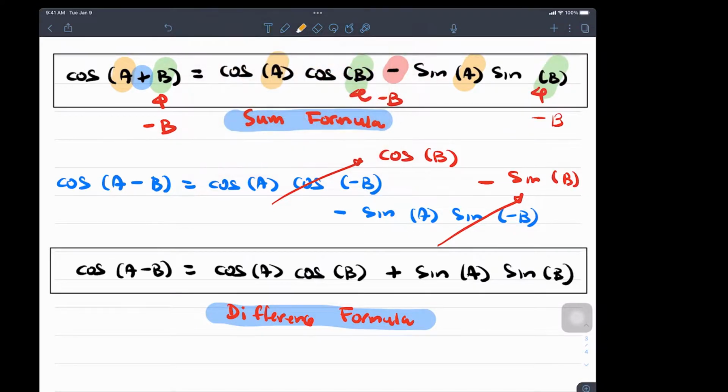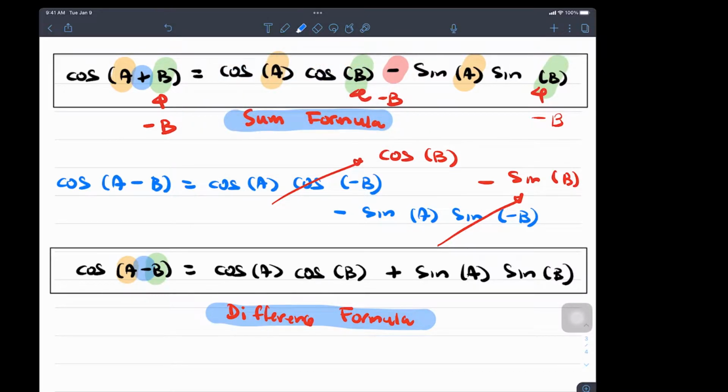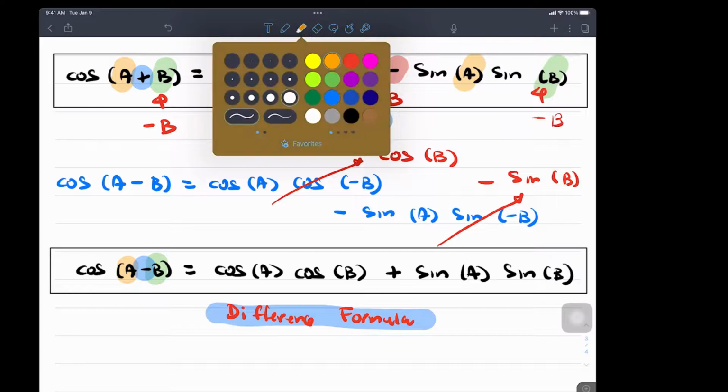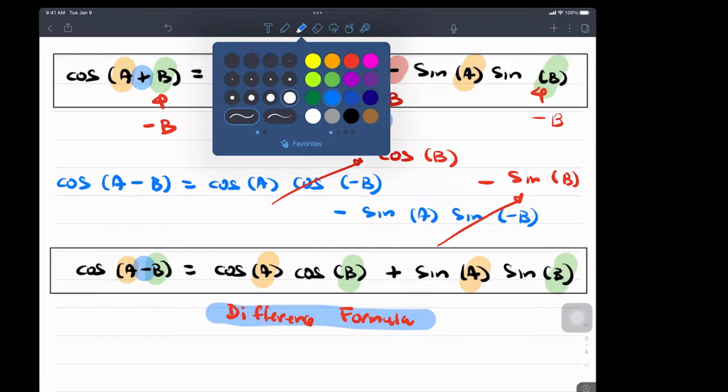So if you have this A, B, there's a difference now. That's why they call it the difference formula. It's found just by finding the individual angles. Right? Now this is going to be a plus.